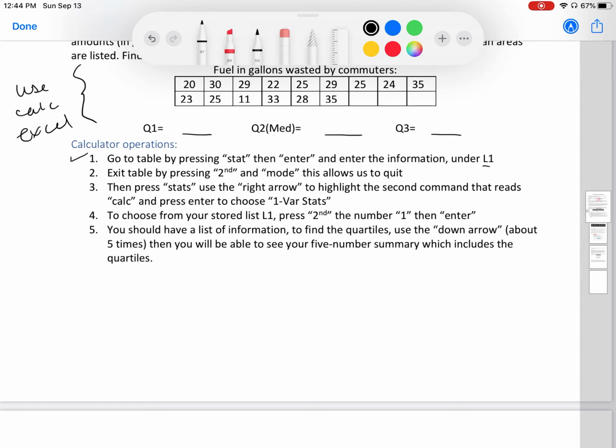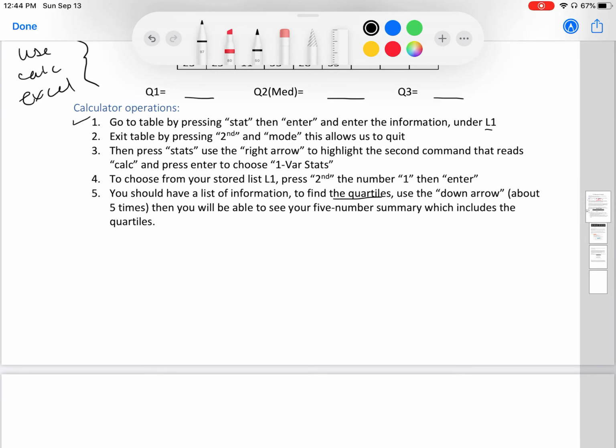Three, press Stat, and then use the right arrow to highlight the second command that reads Calc, and press Enter to choose one-variable stats. Choose your stored list L1 by pressing 2nd and then the number 1 and then Enter.